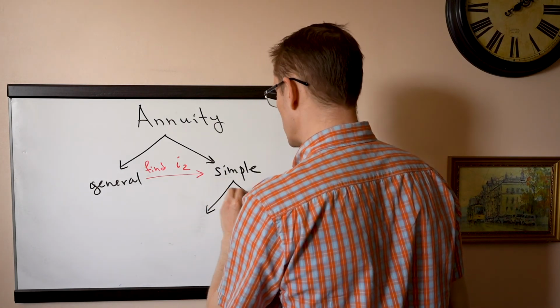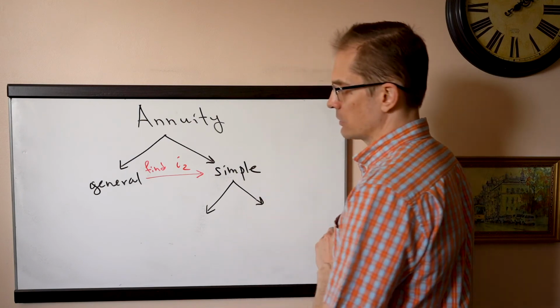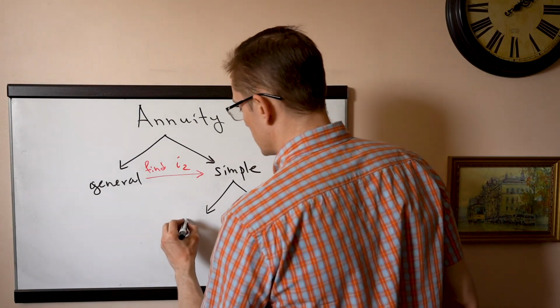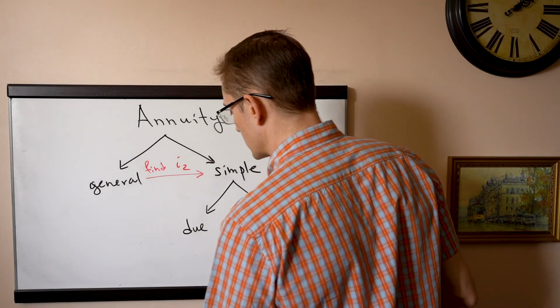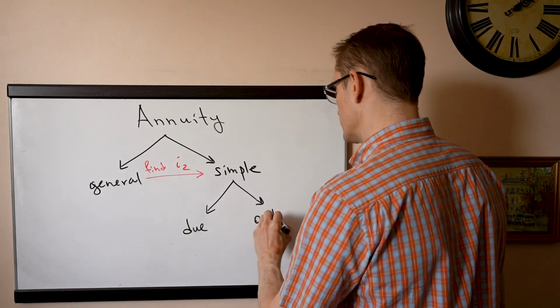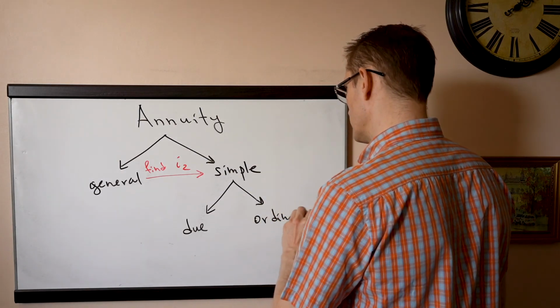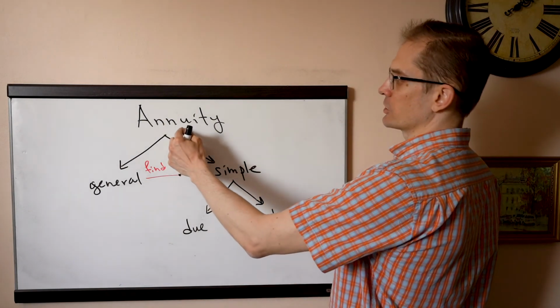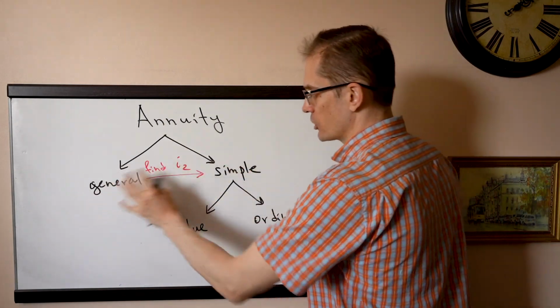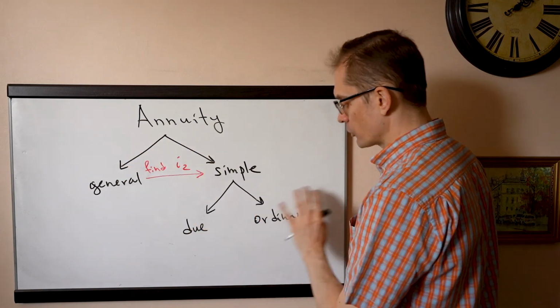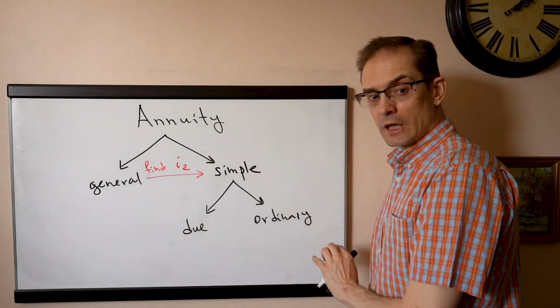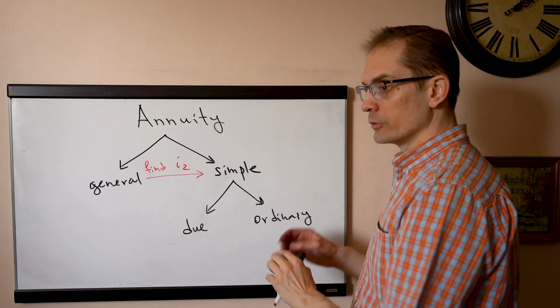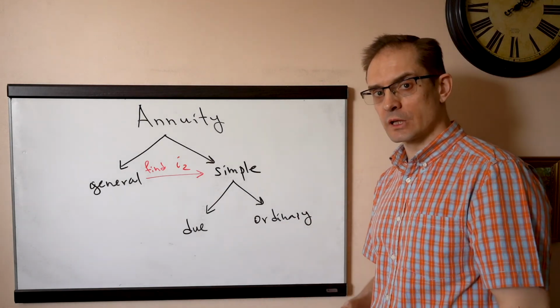Because that simple annuity that you found can still end up being a due annuity or an ordinary annuity, right? So far today, the annuity was either general or simple, but it always was ordinary. And that's the reason we could use those formulas for future value or present value.